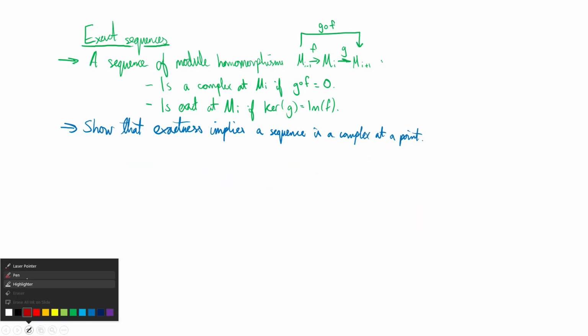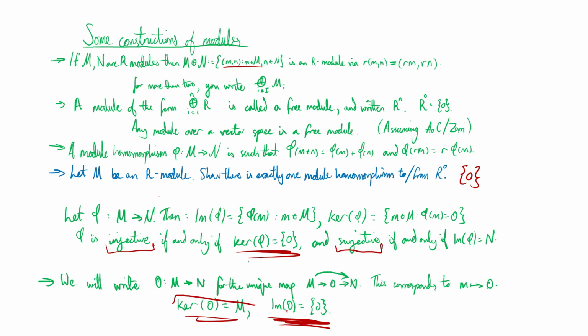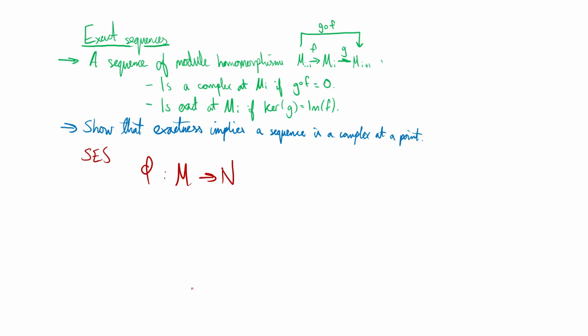But another place in which short exact sequences arise is if you just have any module homomorphism, or any ring homomorphism, or any abelian group homomorphism. Remember, this kernel and this image are technically also of the same structure which you want. So the kernel of a module homomorphism is a module. The kernel of a ring homomorphism is a ring.